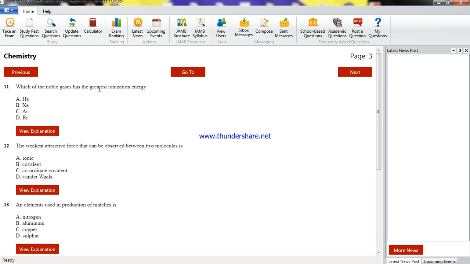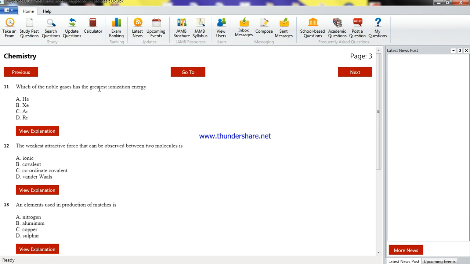As a rule, ionization energy increases from left to right, and decreases down the group. It decreases down the group, and increases across the period.